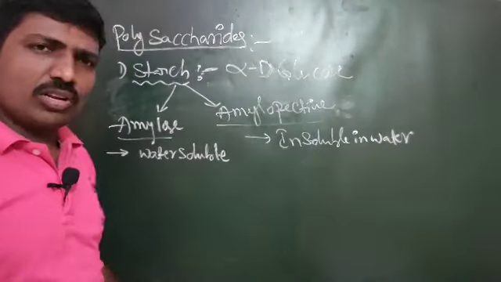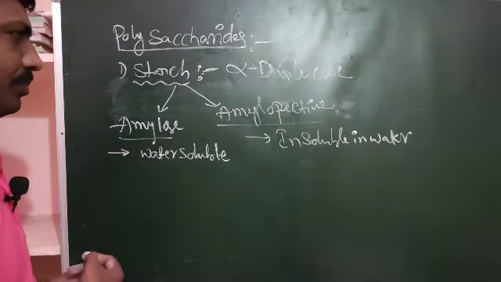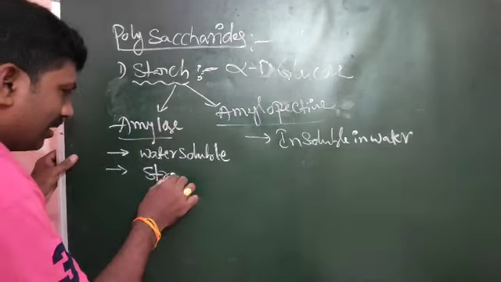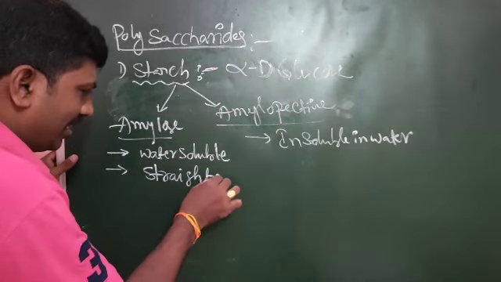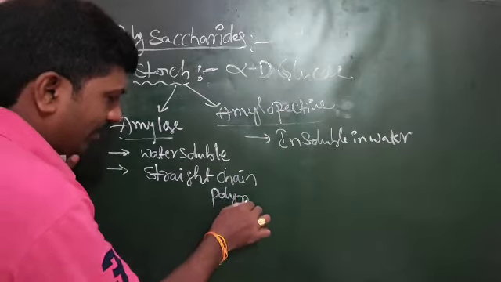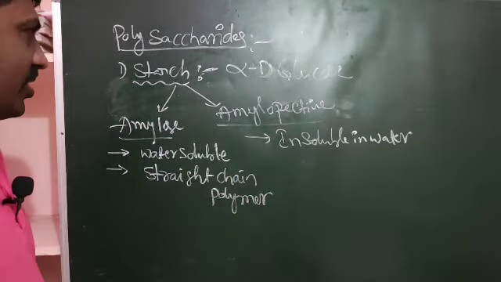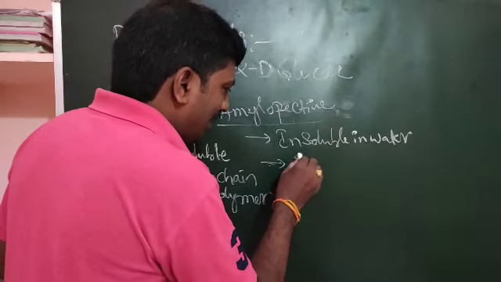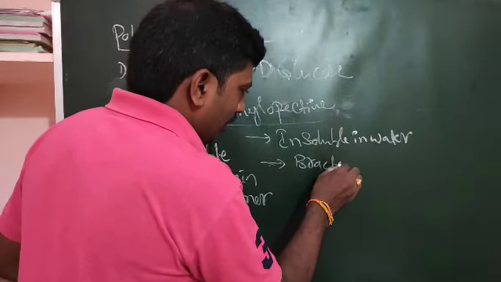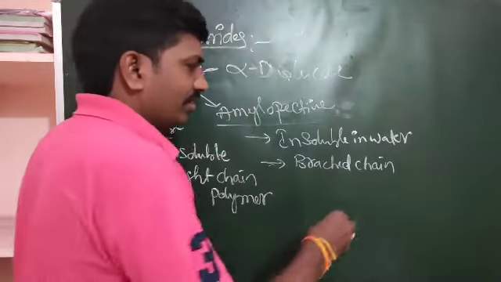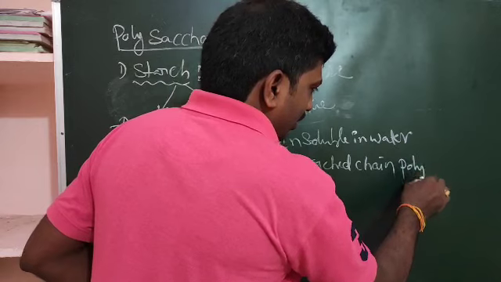Amylose is a straight chain polymer, a straight chain polysaccharide. Amylopectin is a branched chain polysaccharide.